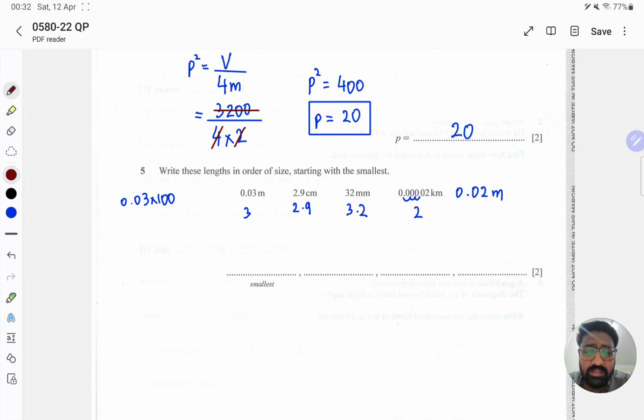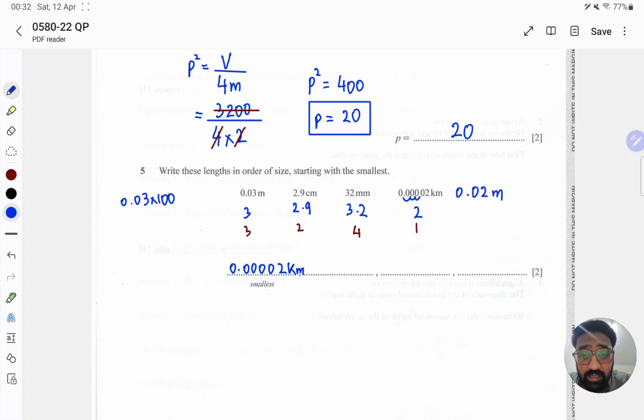Let me write down the first, second and third, then we'll place the values in the final answer. 2 is the smallest, the second biggest number is 2.9, third is 3, and this is the largest number. So remember, I am going to write down 0.02 kilometers.